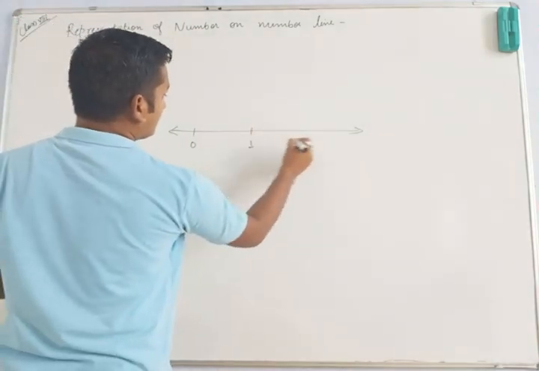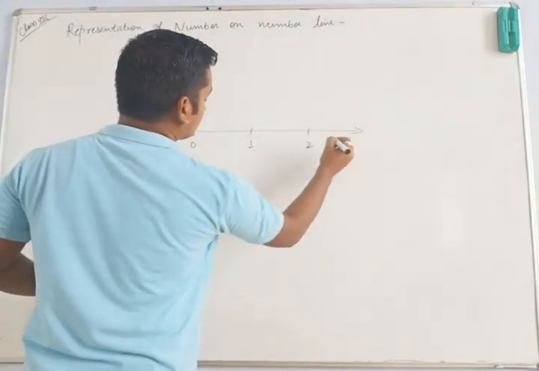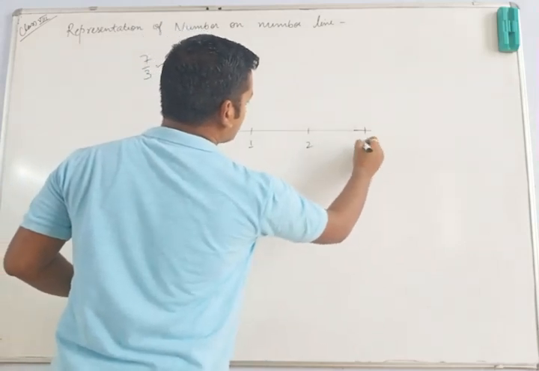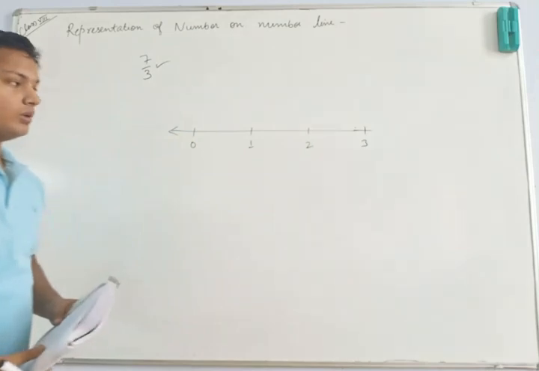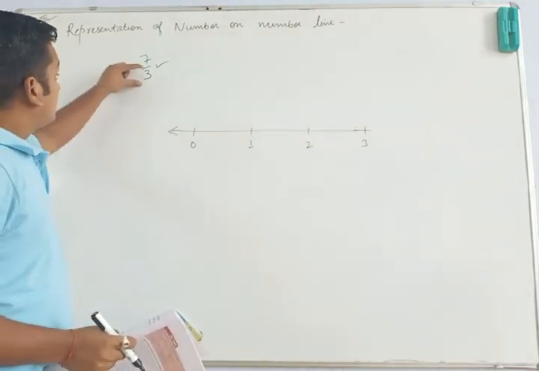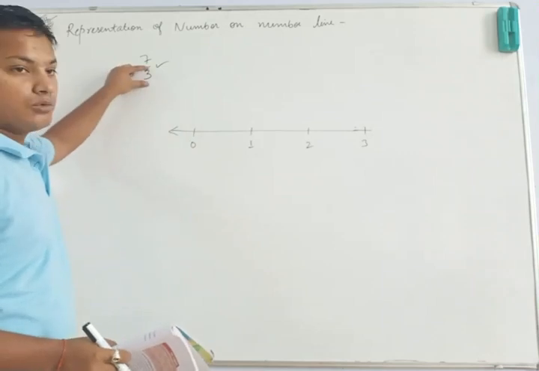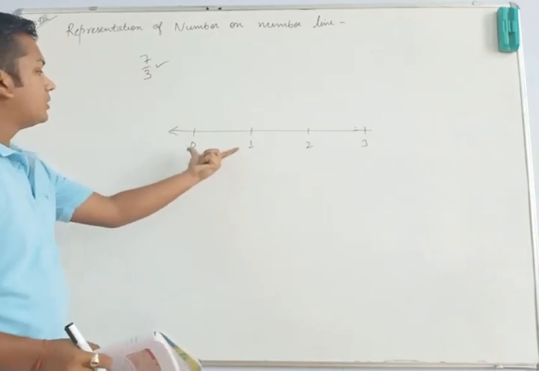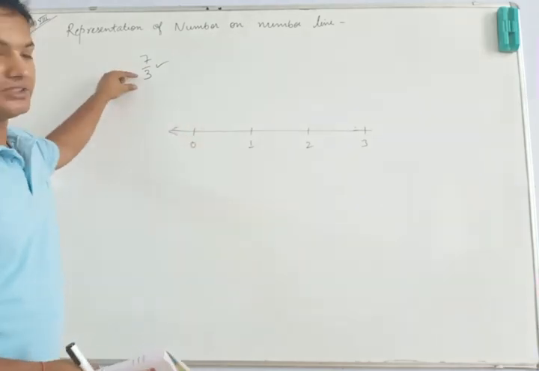Let us say here is 1, here is 2, and similarly here is 3. I will divide the length between 0 and 1 into 3 equal fractions.